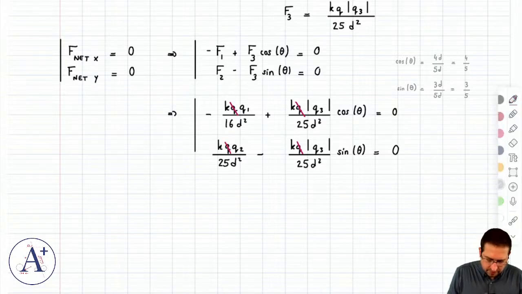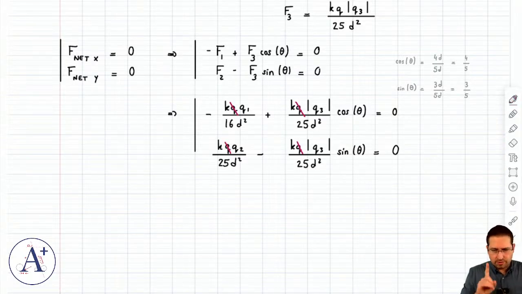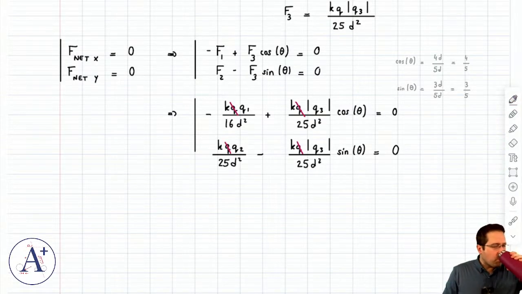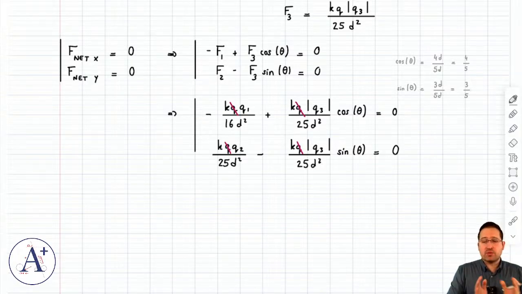And so the point is, just to go back to what we said earlier, yes, we're writing that the net force is 0, but the reason the net force is 0 is because the net electric field is 0.